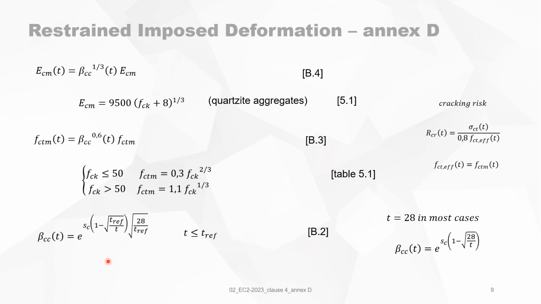But the code allows you to define this characteristic value of the compressive strength at other times, for instance 90 days or 50 days or something in between. So that's why Tref is stated there. But in most cases, we take 28 days, and then this formula becomes a little bit more simplified.